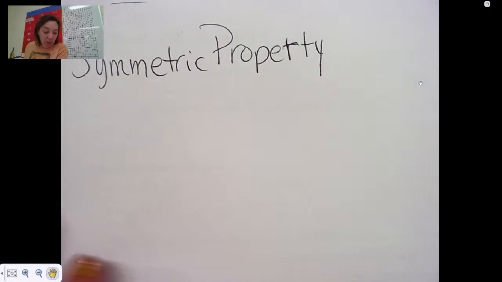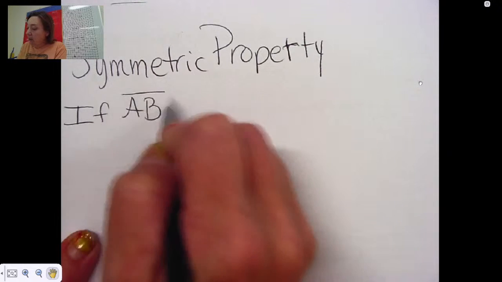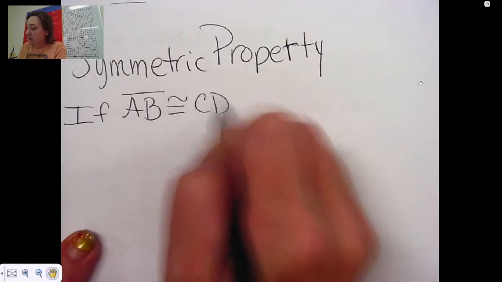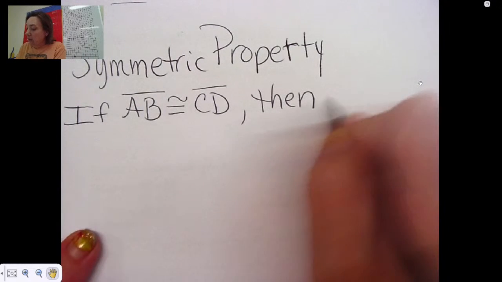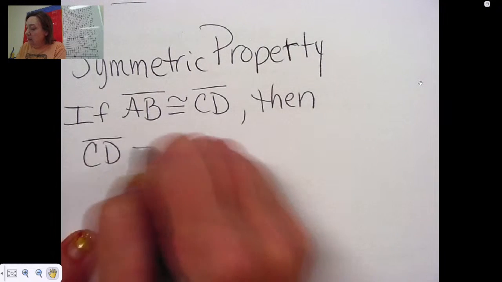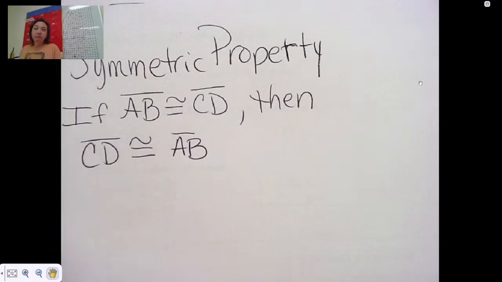So the symmetric property says if AB is congruent to CD, then CD is congruent to AB. So you're just flipping it, right? They're congruent to each other, but that's the symmetric property.